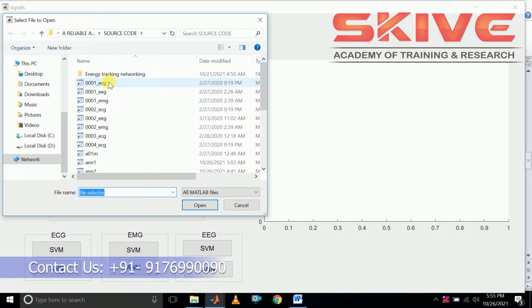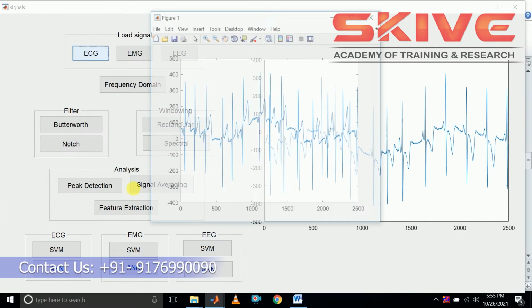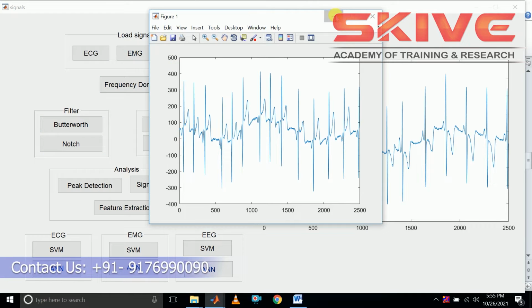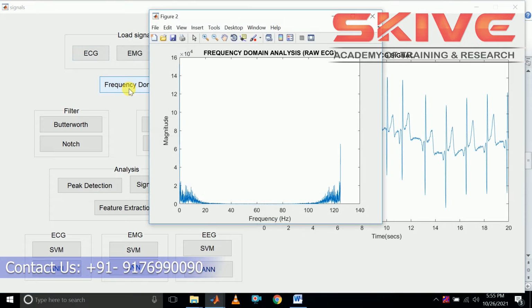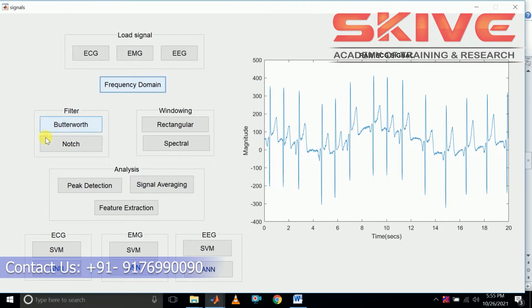Here we are taking the ECG signal. Now the frequency domain transformation will happen. We are going to apply the filters.